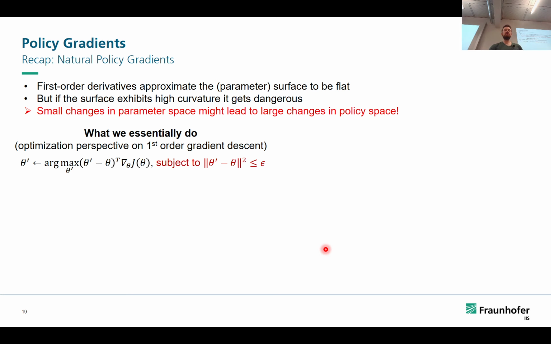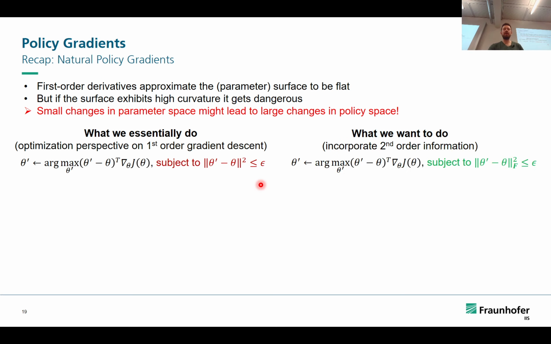What we essentially do is just first order gradients in this neighborhood here, which is described again by Euclidean geometry. And what we instead want to do is perform optimization in the neighborhood that better captures the geometry of our actual landscape. And for that, we can use some second order terms, for example, based on the Fisher information matrix, based on the KL divergence.